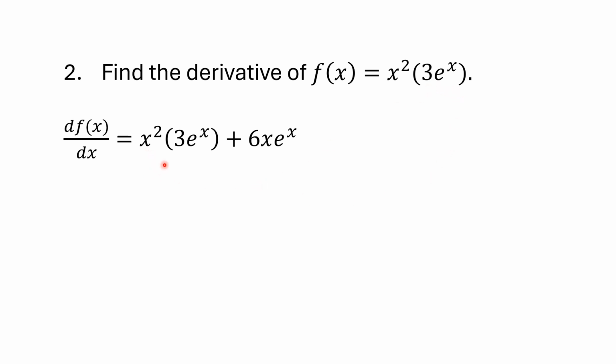The derivative of 3e to the x is 3e to the x. E to the x is that unique function that is its own derivative. Plus the second function, the 3e to the x, times the derivative of x squared, which is 2x. So the 3 times 2 is 6x e to the x.